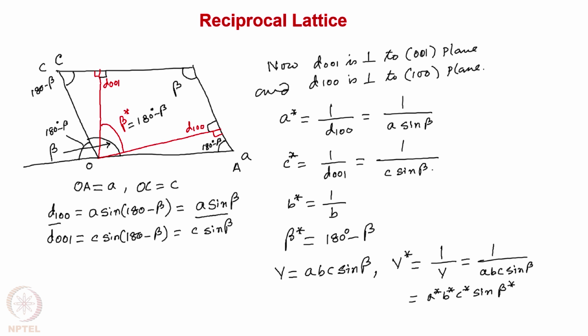So, this is how one can calculate the reciprocal lattice parameters for the monoclinic system.